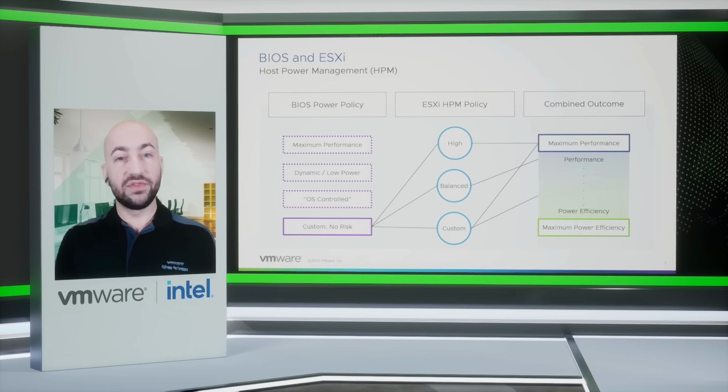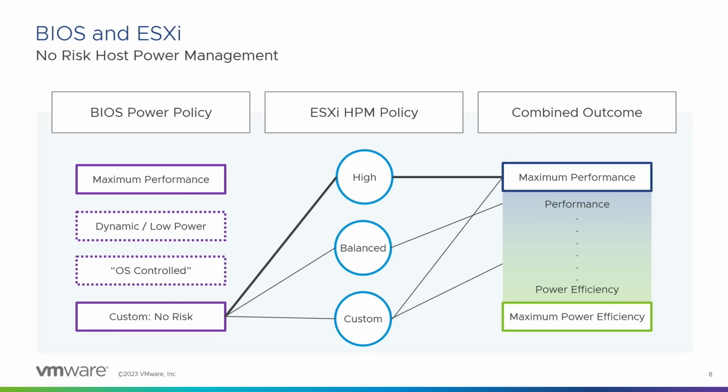Right? Giving you a little bit of leeway, because this is an iterative process. You want to tippy-toe towards more efficiency. You don't want the pendulum to overswing. You don't want to go all maximum power efficiency, realize you overcorrected and you impact your workload. That's what we want to avoid at all possible times. So we call this no-risk host power management.